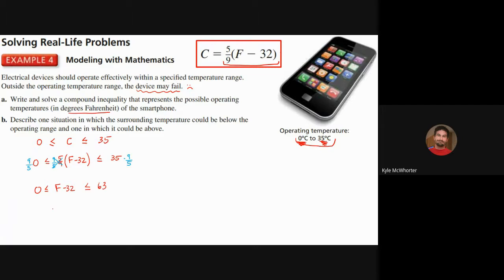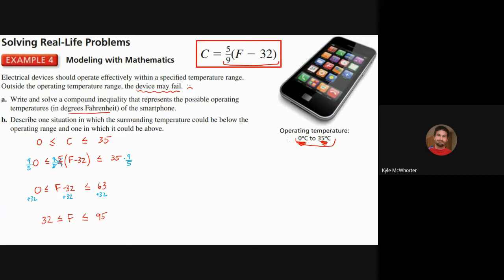Then to solve for f, we can finish up by just adding 32. And we get 32 less than or equal to f less than or equal to 95.